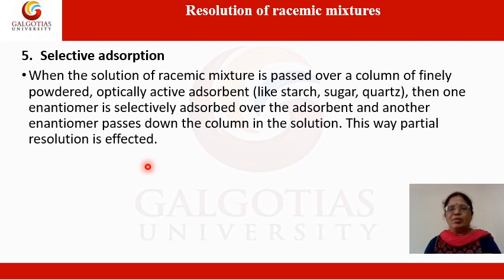In such a setup, when the racemic mixture is poured onto the column, only one enantiomer will get adsorbed over the adsorbent, and the other enantiomer will pass down the column into the solution. So the separation is easily done, as one enantiomer will remain with the adsorbent in the column, and the other enantiomer will pass out of the column in the solution.